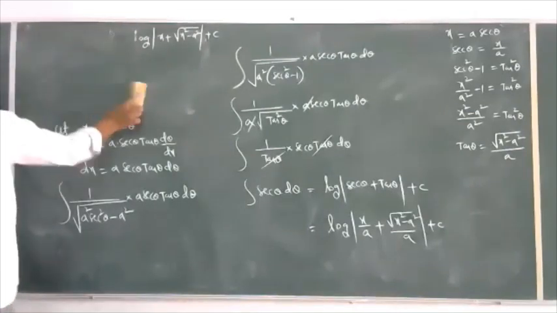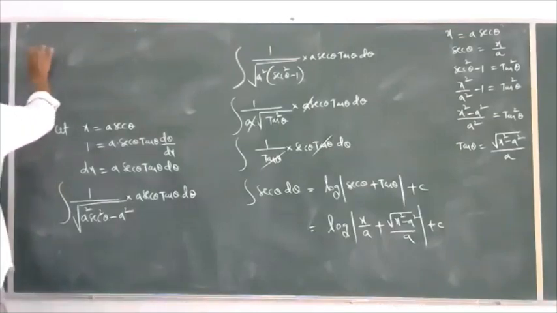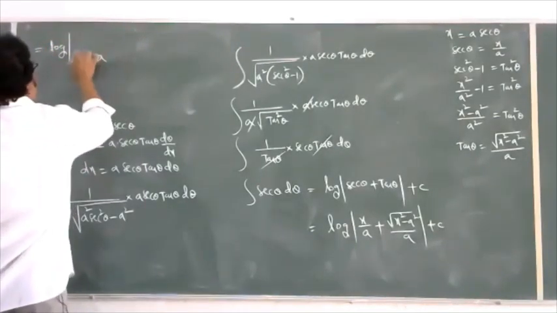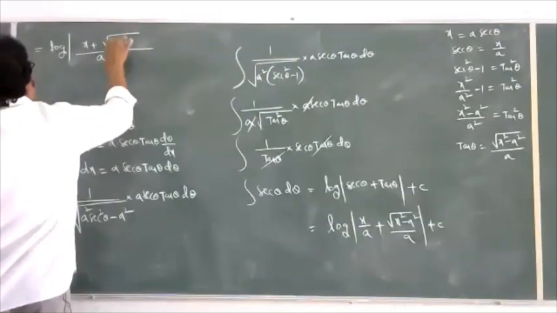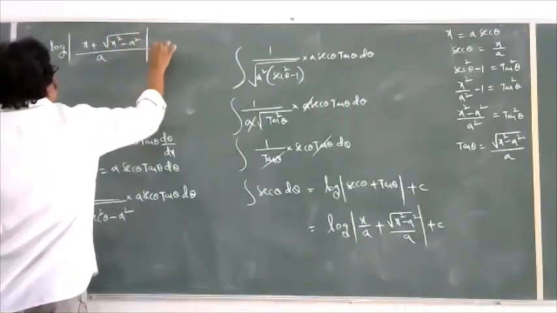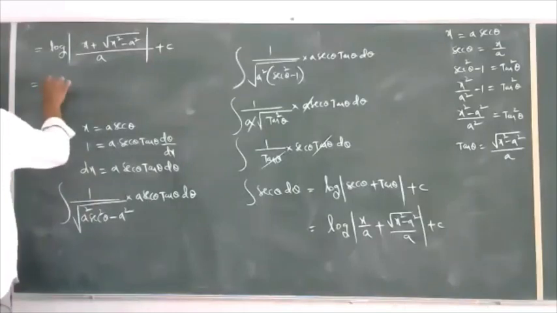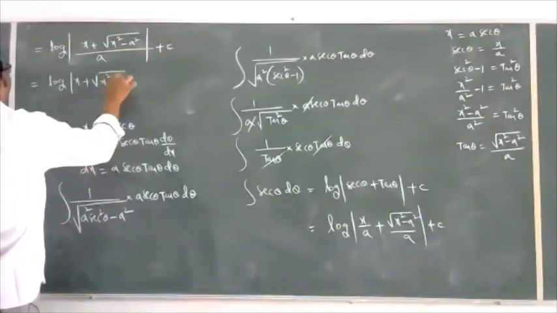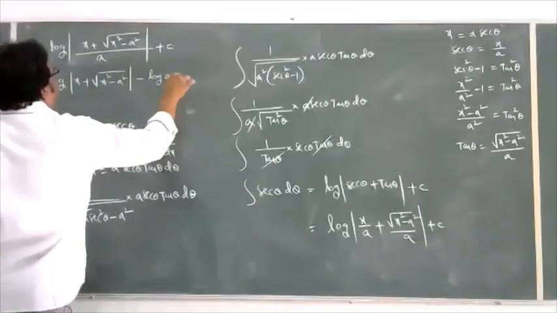Then that is equal to log mod, here a is the LCM. In the numerator you get x plus root of x square minus a square, plus c. This is log a by b. That is equal to log mod x plus root of x square minus a square, minus log a, plus c.